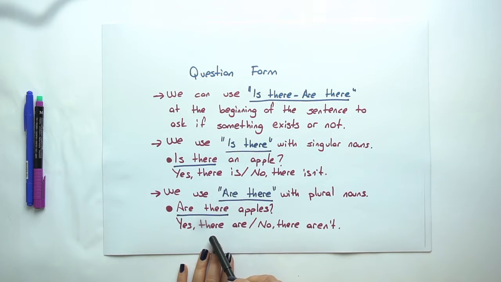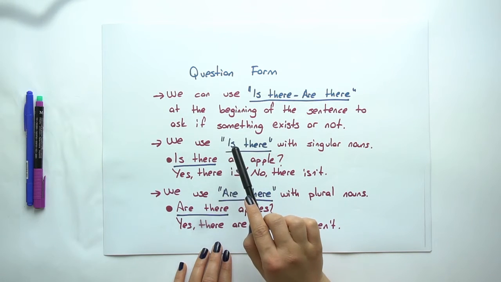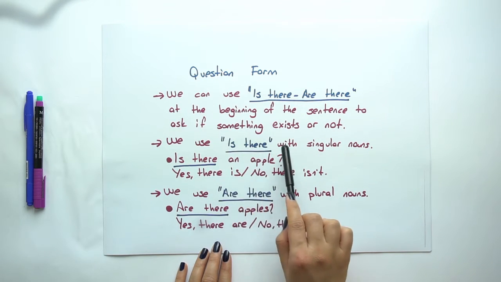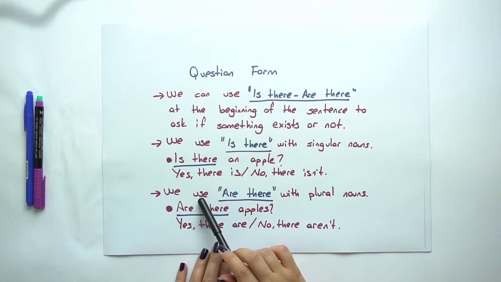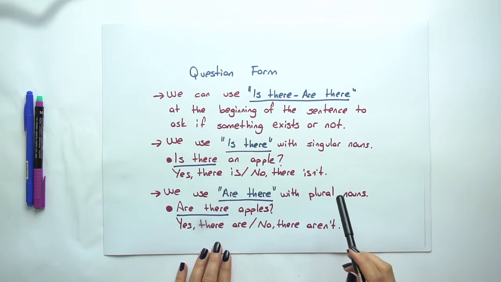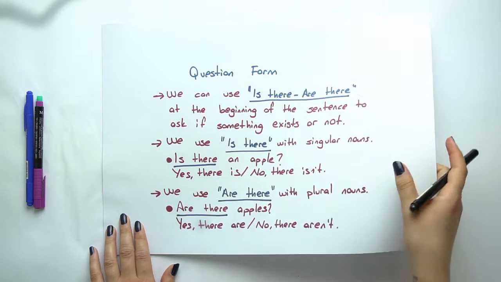And again, we have two possible answers for this question. We can either say yes there are or no there aren't. These are short answers. Okay, so we use is there with singular nouns, and we use are there with plural nouns.